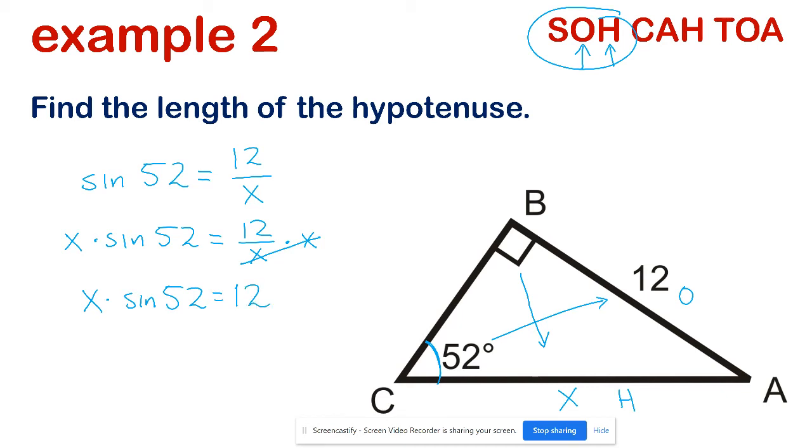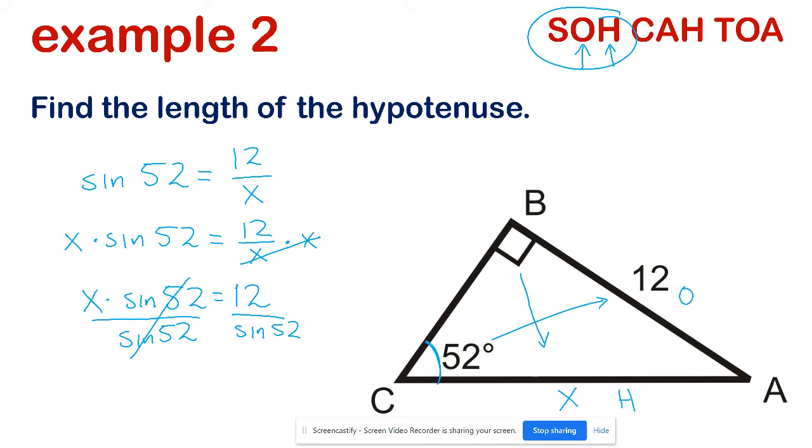To get x by itself, we need to get rid of the sine of 52, so we're going to divide by that. So we're going to divide by sine of 52, and we're going to do that on both sides. And just make sure you are dividing by sine of 52 and not by just 52. That sine of 52 is a number in itself, and make sure you're using the whole thing.